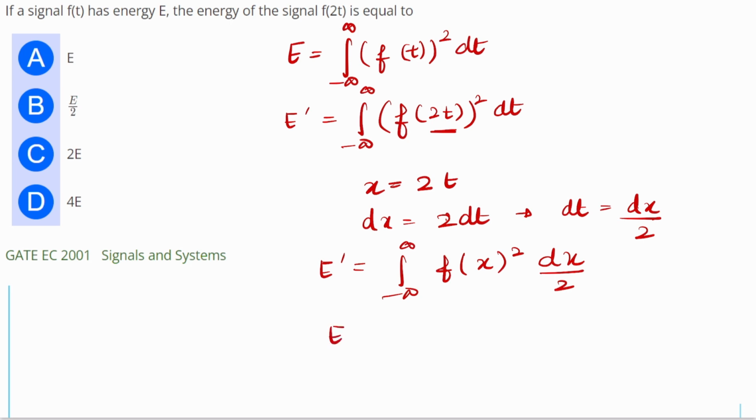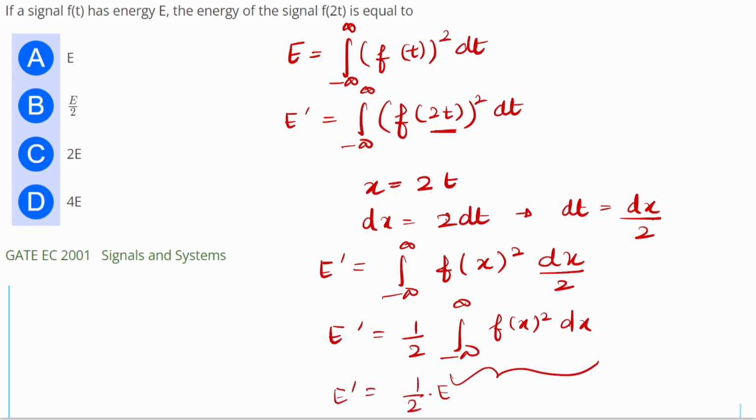So E dash is equals to 1 by 2 times minus infinity to infinity f(x) square dx. Now this is having energy E, so E dash will be equal to 1 by 2 into E, so E by 2. So here the signal was scaled with 2, and the energy is divided by 2. That's it. Easy way to remember it.